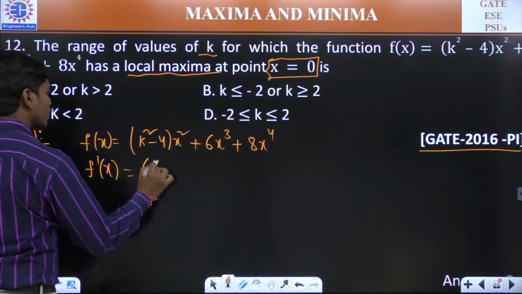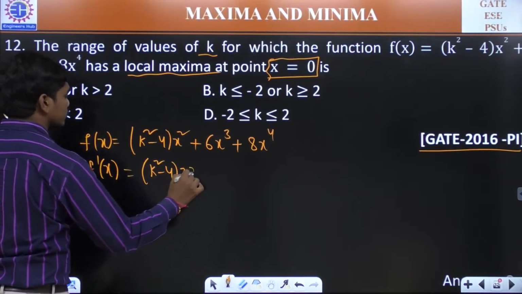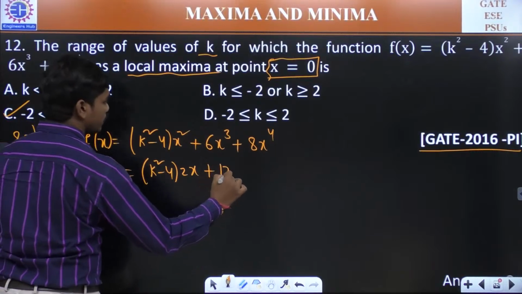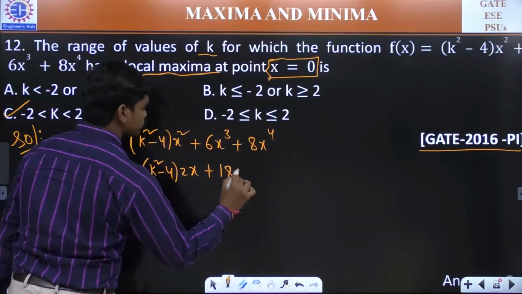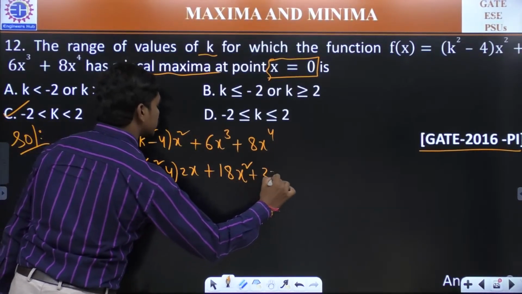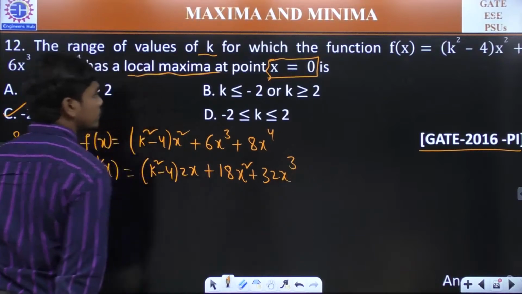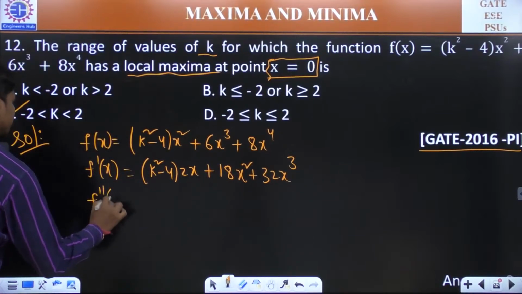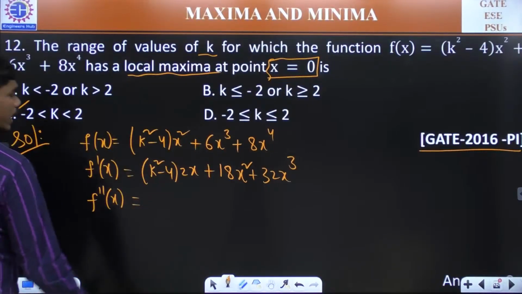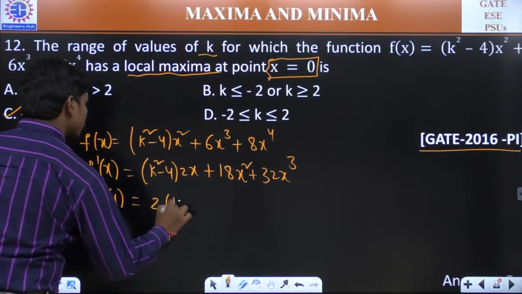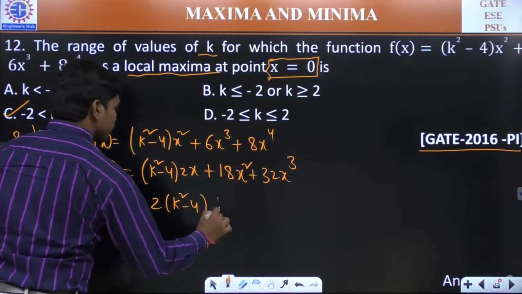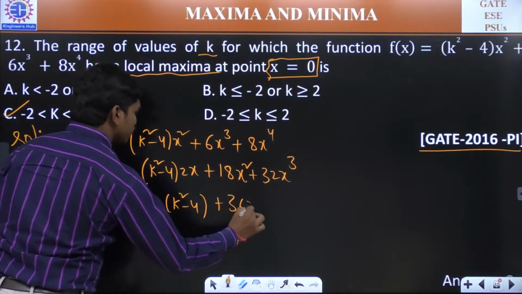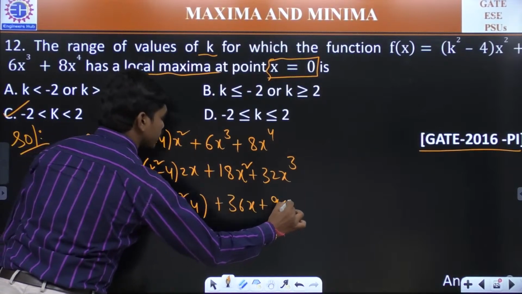(k square minus 4) into 2x plus 18x square plus 32x cube. Correct? Let us calculate the second derivative also. If you calculate the second derivative, you have 2 into (k square minus 4) plus 36x plus 96x square.